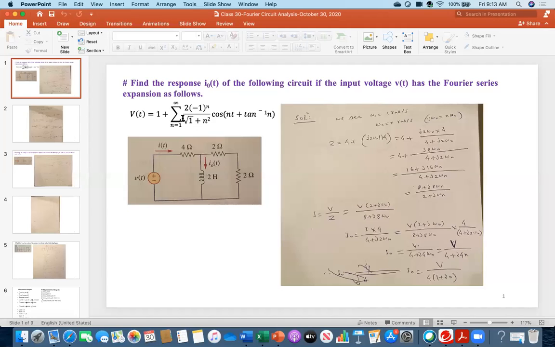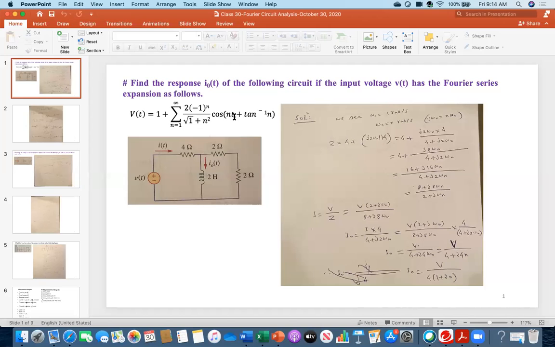Everybody look, this is the magnitude, like V equal to Vm cosine of omega t. Therefore cosine, this argument is omega t plus theta, so tan inverse of 1 over n, this is the theta angle, 10 degree, 15 degree, whatever.